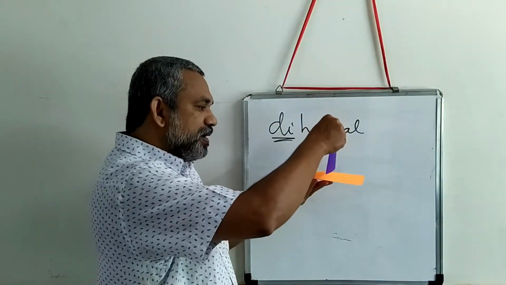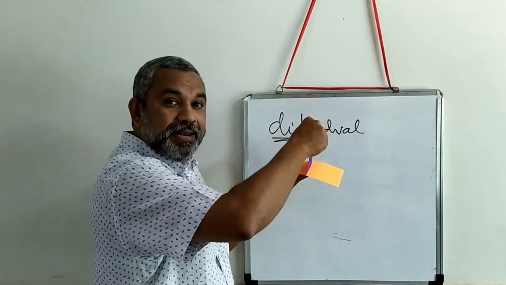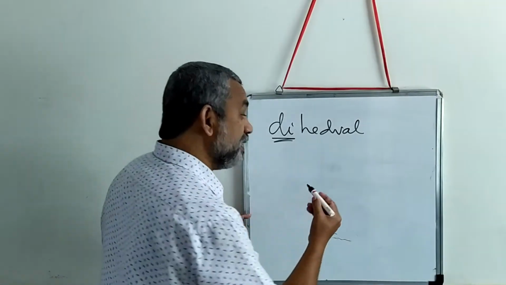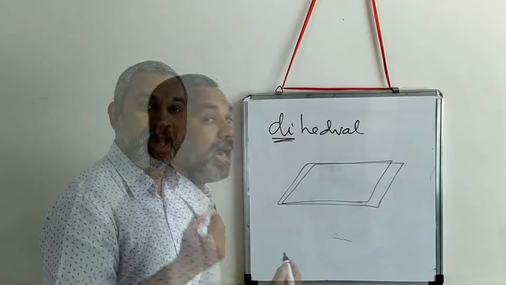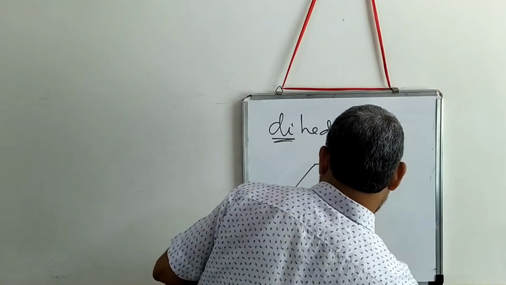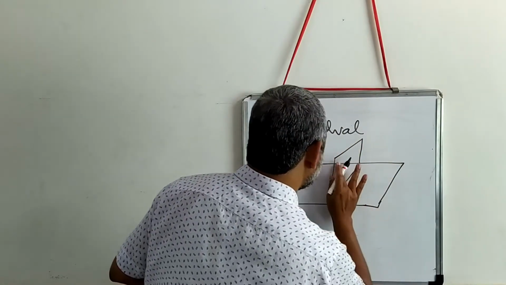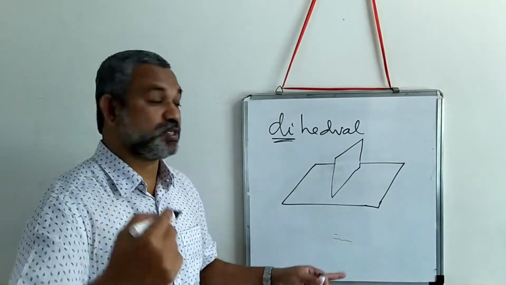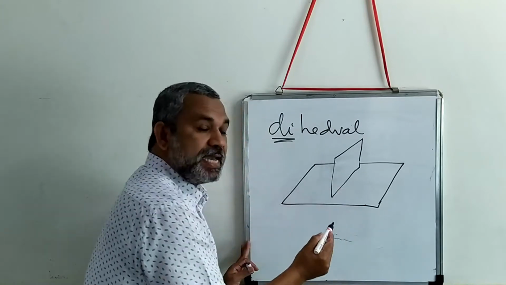Suppose we keep a paper like this and it is creating a plane. Let me draw this structure so that we will have greater clarity. This is one plane, and here is a second plane, as we have just constructed using those papers. Now we can see that this is creating an angle.